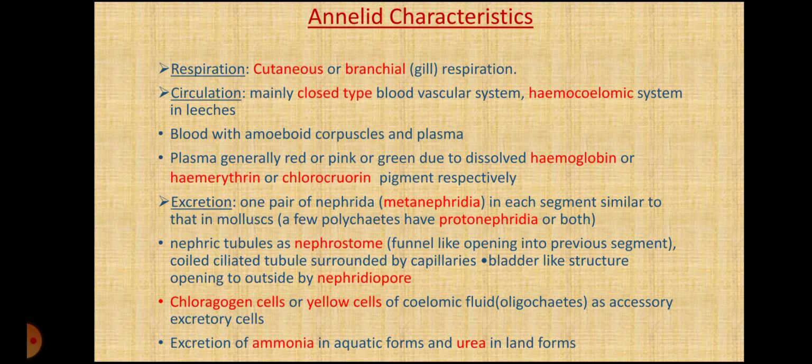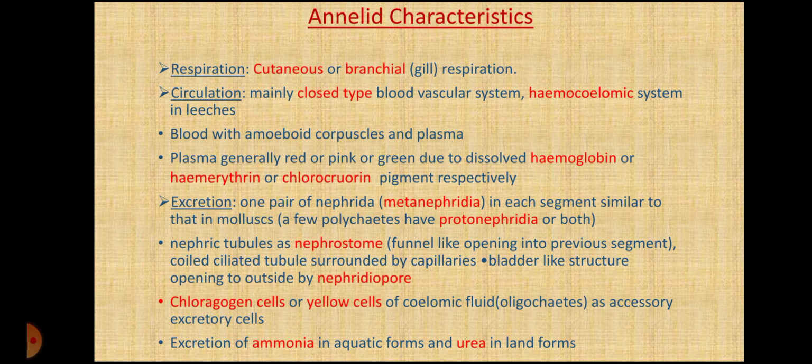As I told you, all types of nephridia in annelids are open type. In Nereis, leeches and the integumentary nephridia in earthworm, they directly open at the body surface by nephridiopore and hence are called ectonephric.